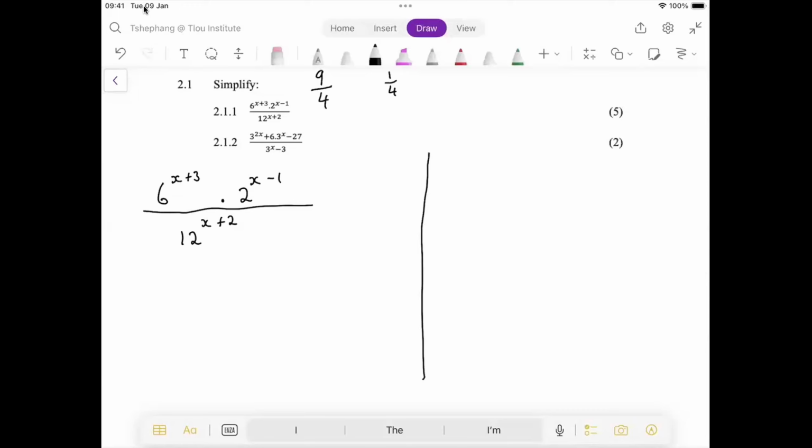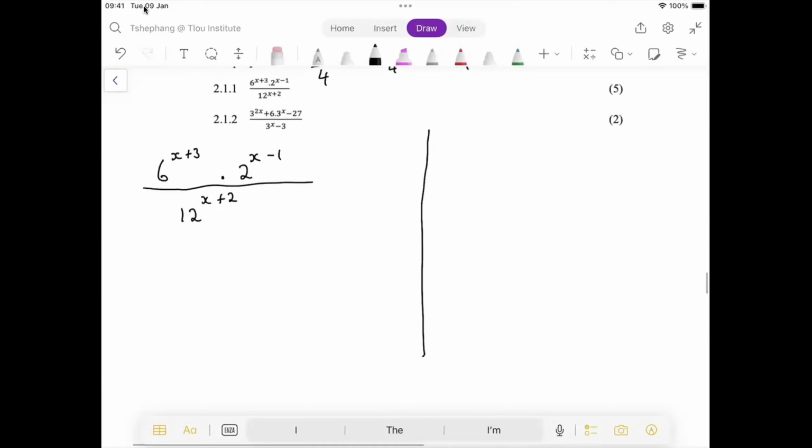Okay, looks like most of us are getting 1/4. And then there's also a 3/4, which is quite unique. All right, let's quickly check how we need to go about this question.